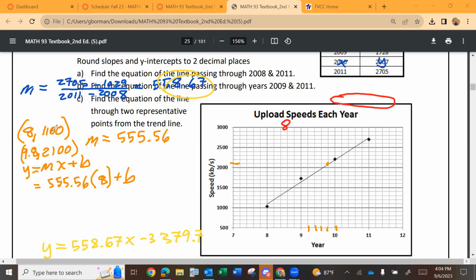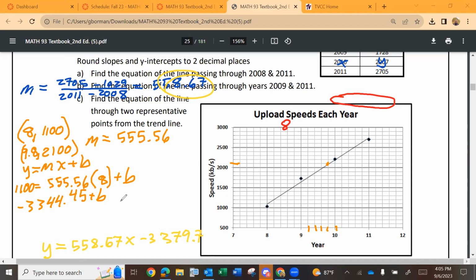And if I use 8, then I have to use 1100, the one that goes with it. I can't use 2100 or something else. I'll multiply them together, subtract it over, and I get negative 3344.45.